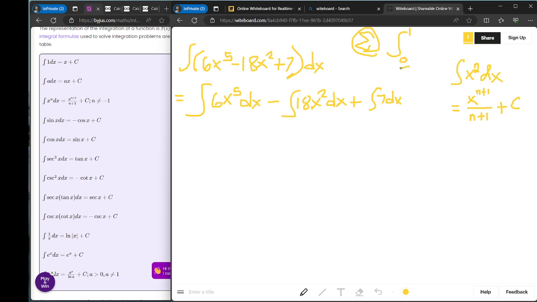Say you have a limit, you just substitute the limit to the value, and you'll easily get the summation of all those numbers. So that's the advantage of integration. It's a shortcut to summation.